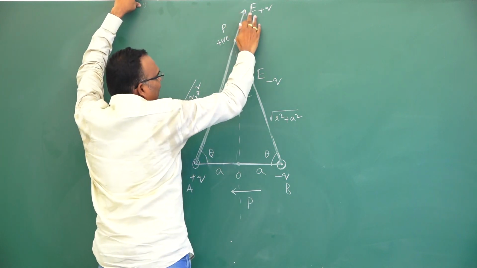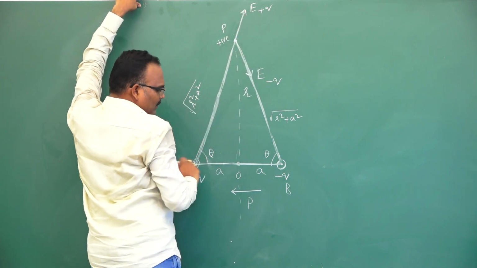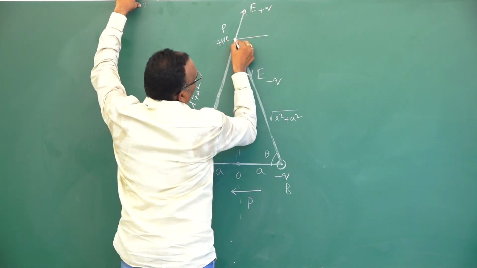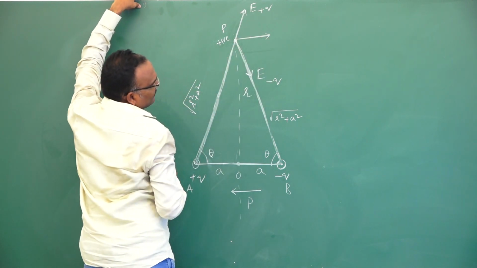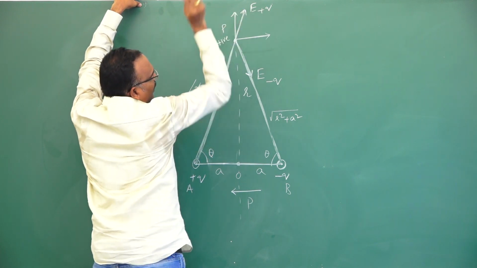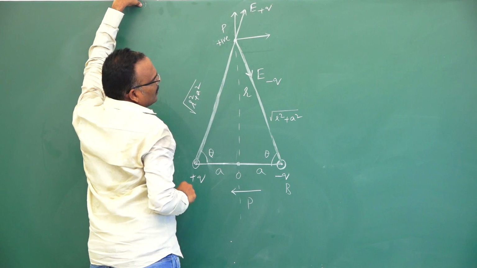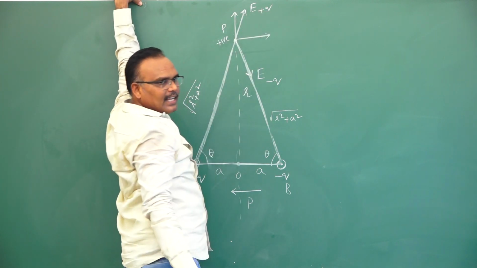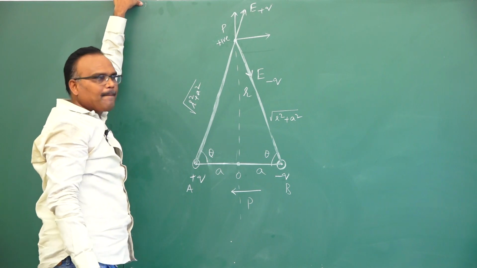I will resolve this E plus Q into two components with respect to the dipole axis. The horizontal component will be along the dipole axis and the vertical component will be along the equatorial line. When you resolve E plus Q, you will get E plus Q cos theta and E plus Q sin theta.